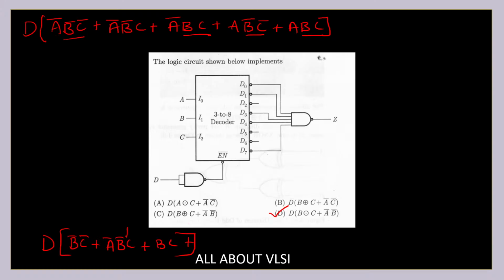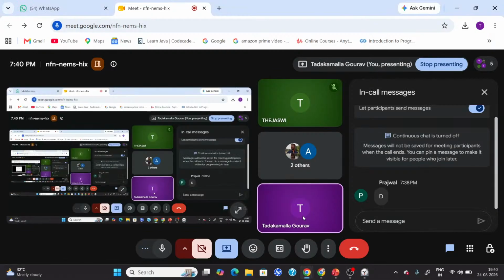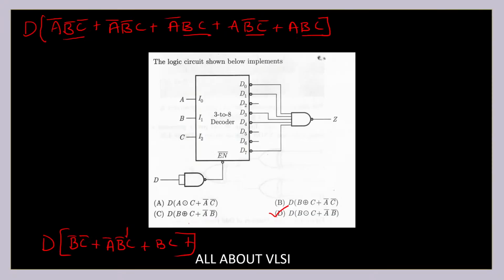Hello, am I audible? And yeah, you can add this also. So A bar B bar C plus BC. So then also you will not be eliminating the C term.